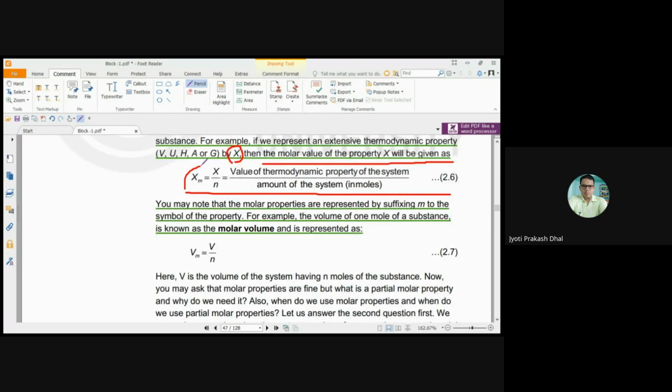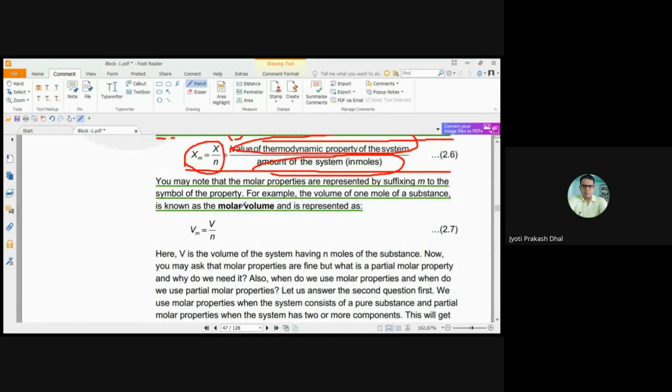So if you consider the molar value of volume, internal energy U, or enthalpy, to calculate these thermodynamic properties in terms of molar value, we have to divide the value of the thermodynamic property of the system by the amount of the system in moles.